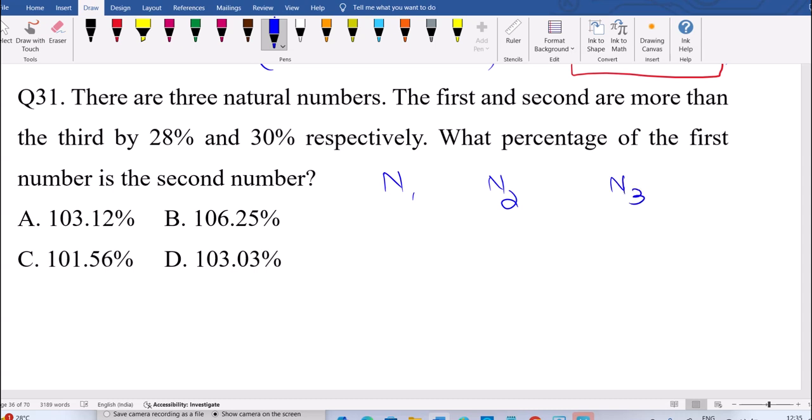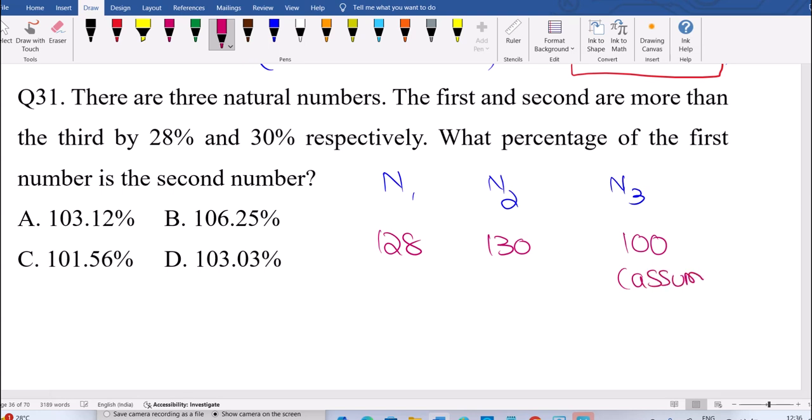First number is 28% more than third number. Second number is 30% more than third number. That's one thing you can assume. Third number is 100, then first number will be 128, second number will be 130. Are you agreeing with that? I'm assuming third number is 100.